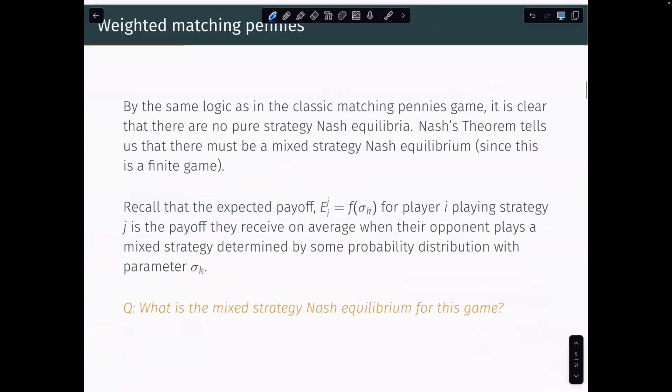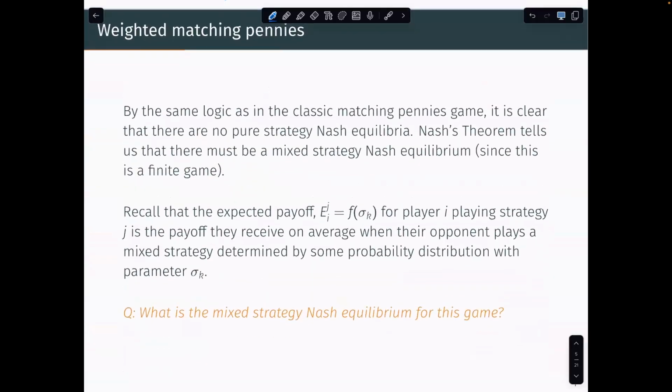Okay, good questions. So let's think about how we analyze this model. We're going to analyze it in a very similar way to what we did last time. By the same logic as before, I'm not going to go through the whole pure strategy thing. You remember we had the 4 payoff tables and we went round in a circle saying, this can't be a pure strategy because it's always better for your opponent to switch whenever you do this, or it's better for you to switch when your opponent does that.